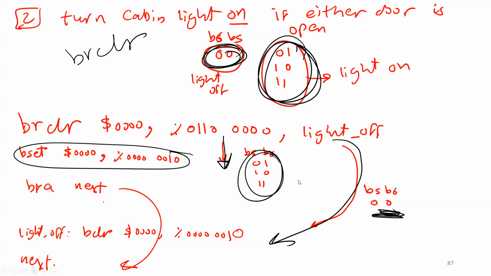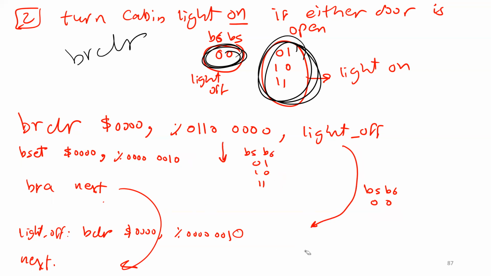So now, if both of them are 0, 0, I'm going to use bit clear in order to turn the light off. Any questions? See the logic. When you are going to branch, this is the best way to understand this part. Here I'm going to branch if both of them are zeros.